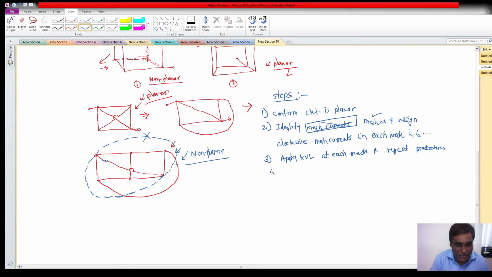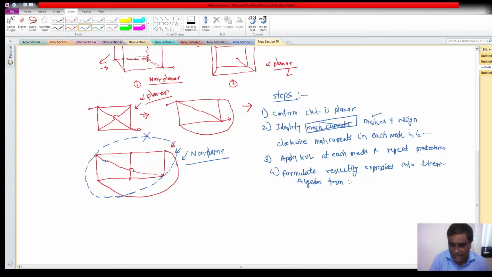At the end you formulate the resulting expressions obtained from all the meshes into linear algebra form. Once it is in linear algebra form, you know how to solve it or find the solution.